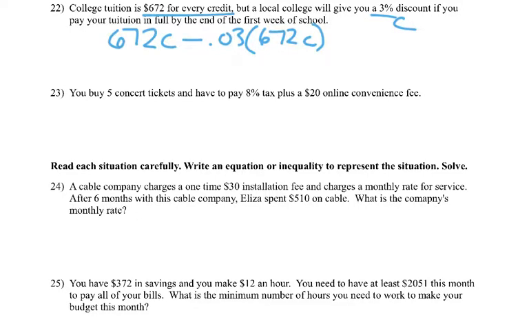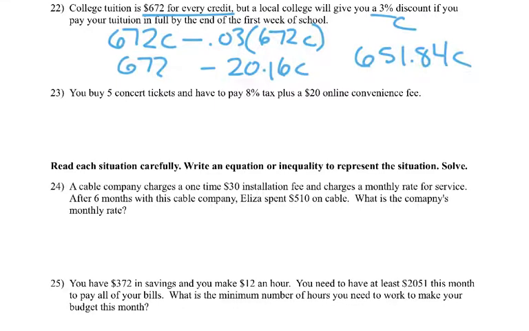So 0.03 times 672 is $20.16, which I subtract from the 672. So it ends up being about $651.84 per credit.